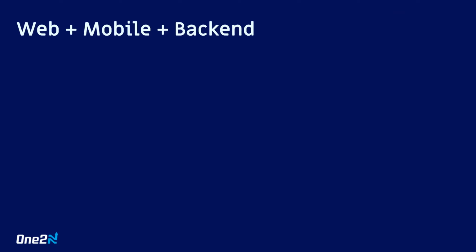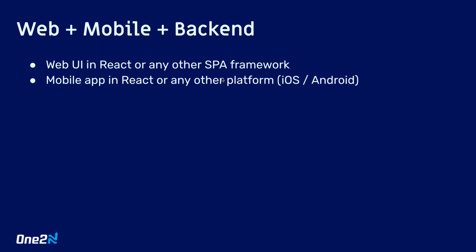Typically for any e-commerce these days, there is a clear focus on web plus mobile plus backend. Typically the web UI is written in some UI framework like React, Angular, or what have you, almost like a single page application framework. Then there is typically a mobile app, which again can be written in React Native or Android or iOS specific platforms and whatnot.